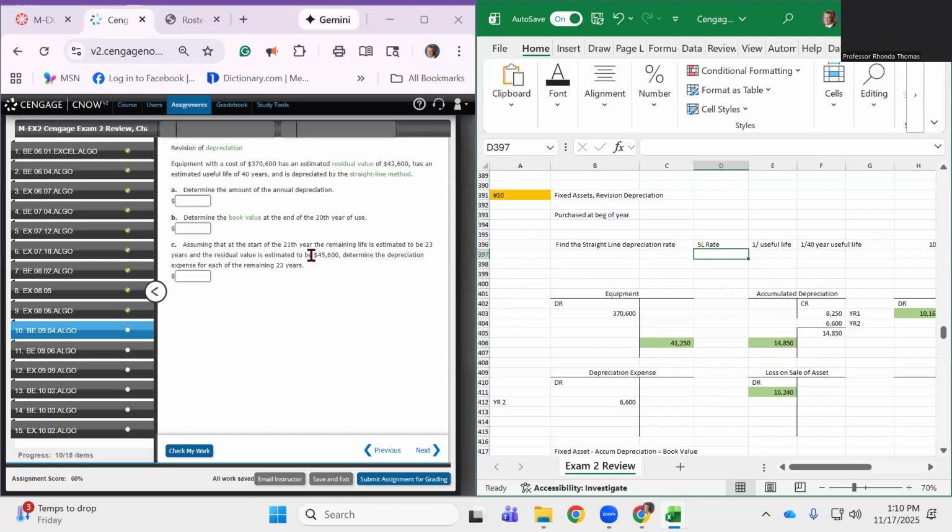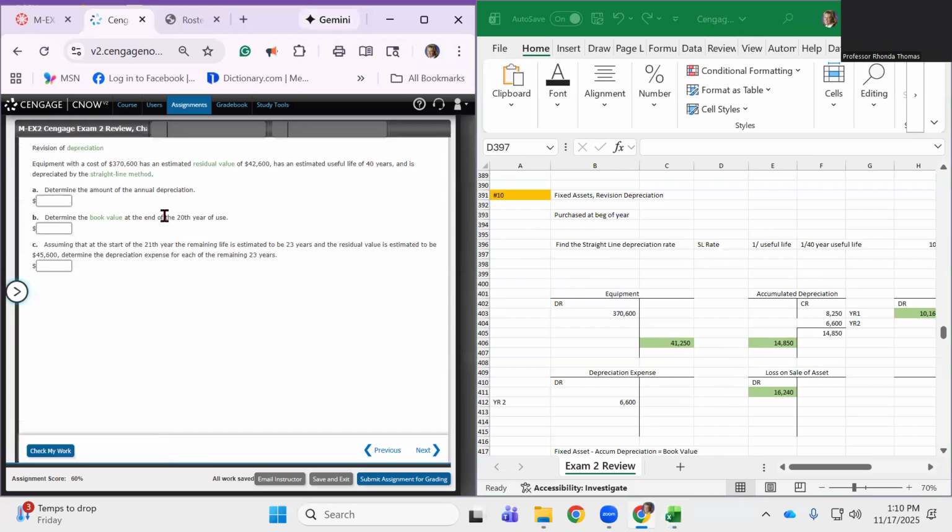All right, we're going to calculate the depreciation. Because they're using straight line, depreciation becomes pretty easy to do because you're going to have the same amount of depreciation every year. Here's the formula.